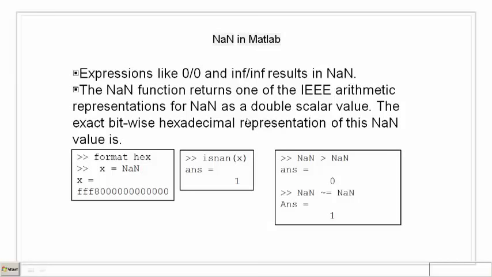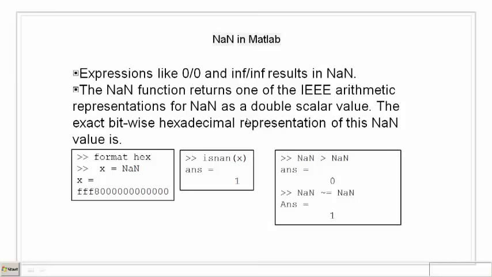Any arithmetic operation that involves NaN also returns a NaN. That is logical. The NaN function returns one of the IEEE arithmetic representations for NaN as a double scalar value. The exact bitwise hexadecimal representation of this NaN value is FFF8 followed by 12 zeros.